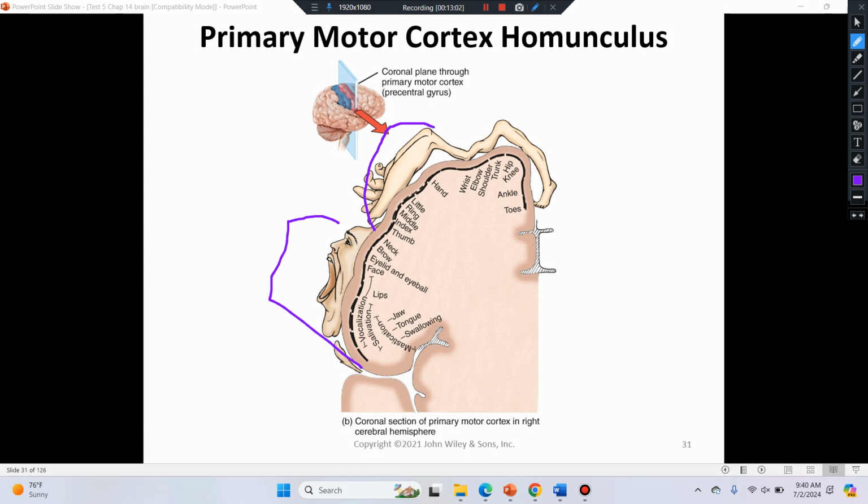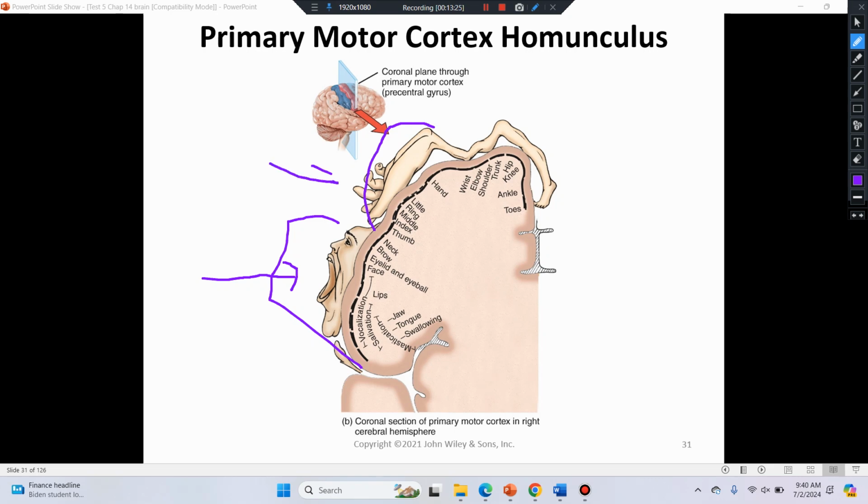What that's telling us as a very easy visual is that there's a lot of the brain, physical area of the cerebral cortex, dedicated to controlling the face, which makes sense because of all the facial muscles and all the facial expressions.